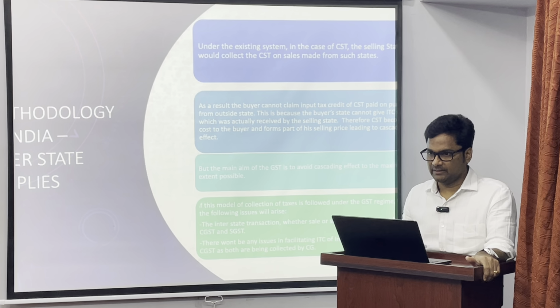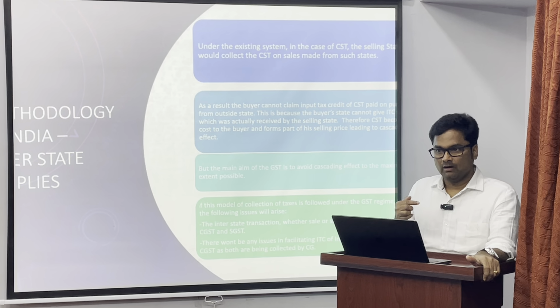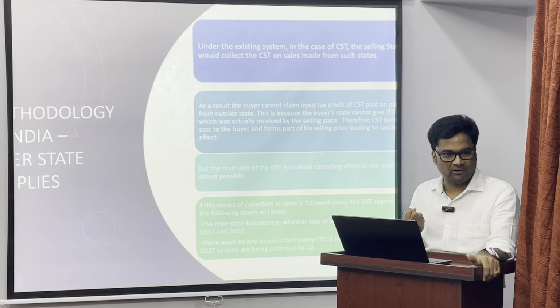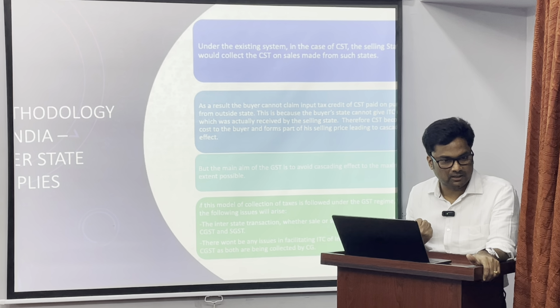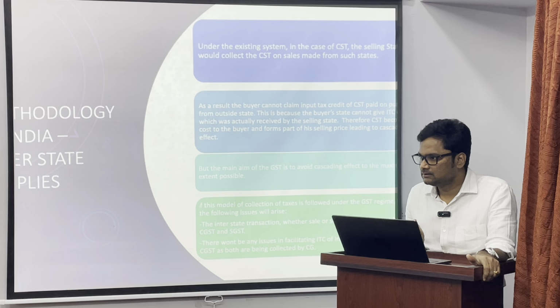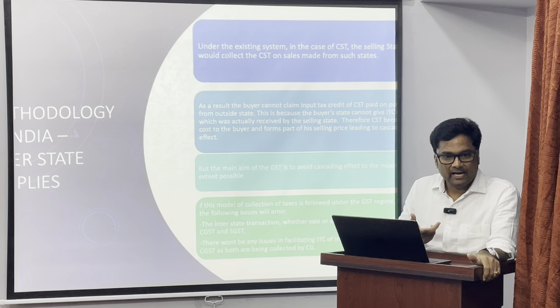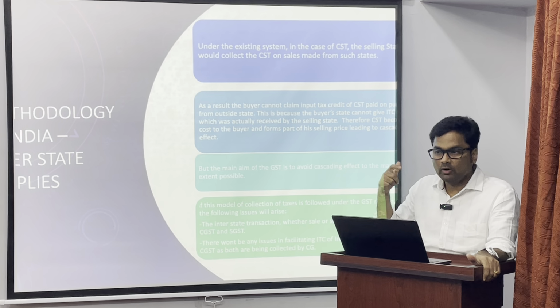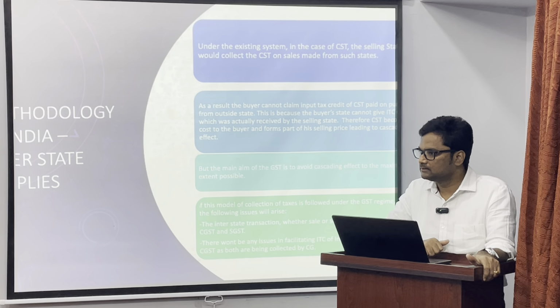If this is the case, the buyer in Telangana, who is registered in Telangana and doing business in Telangana, can he ask for input tax credit of the CST paid from the Telangana government? No. Why? A has paid the central sales tax to the Andhra government. How can the Telangana government give credit?